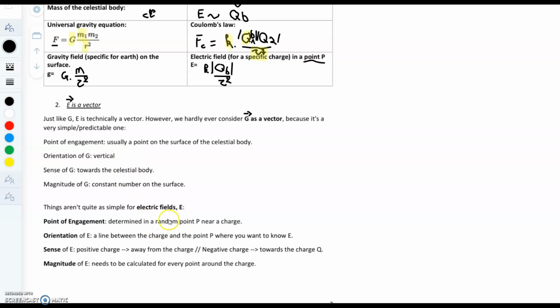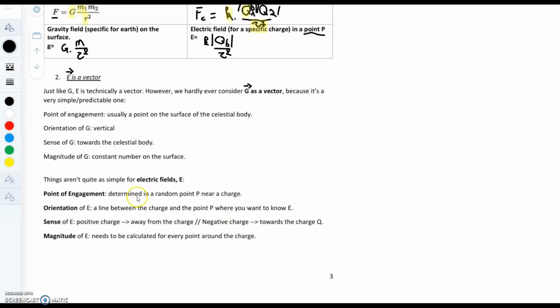Now, for electric fields, it's not quite as simple. You've got a point of engagement, which is a random point P near a charge that you want. The vector also has an orientation, and this is pretty simple. It's always a straight line between your source charge and the point P where you want to know E. However, an electric field can be causing repulsion or attraction.